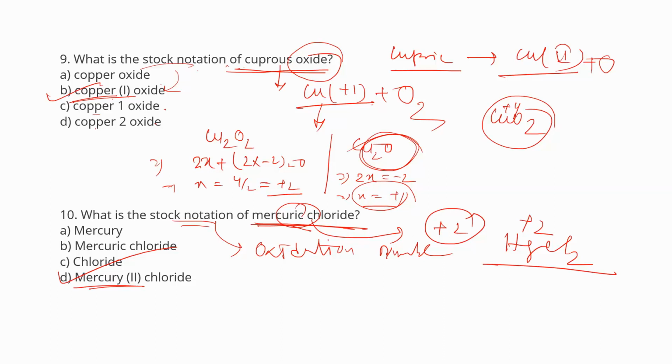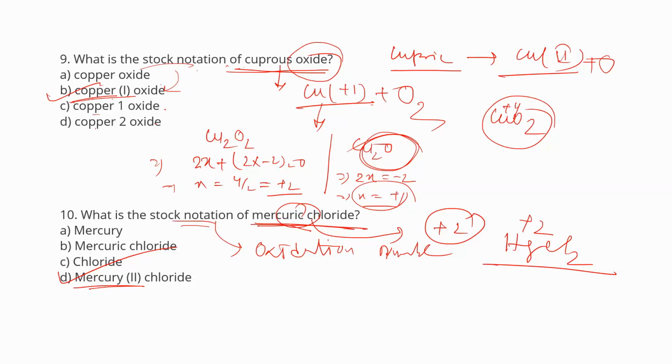So this is the last class of the redox reaction. I have taken 3 classes for the redox reactions. In the first class I taught about the classical idea, how we will know about the oxidation number, oxidation reaction, and reduction reaction for a redox reaction.